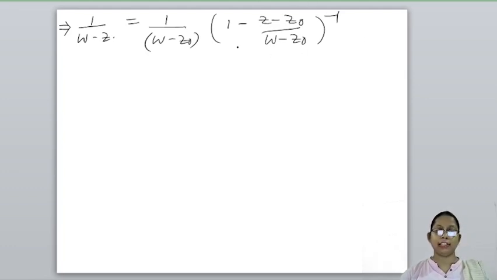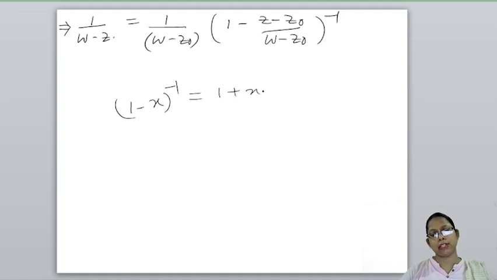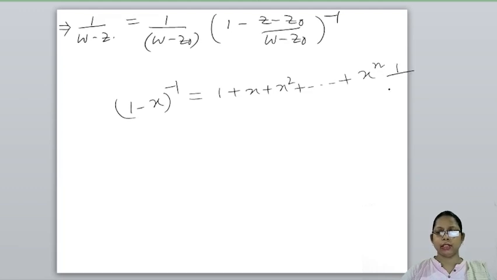Next, expand this using the formula for the expansion of this series, that is 1 plus x plus x squared and so on up to x to the power n minus 1, plus x to the power n by (1 minus x).